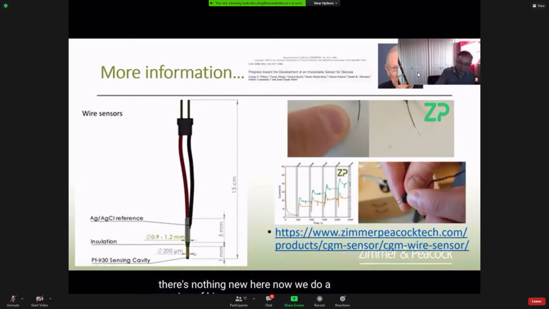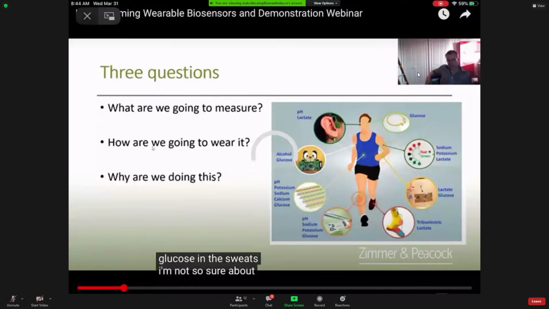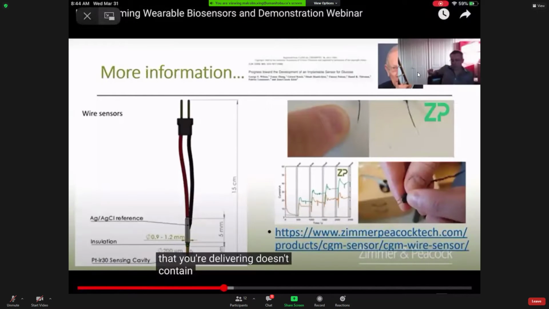Now we do a version of his sensor, so we have a sort of platinum wire. This one is pretty traditional, like for a pH meter right now. But the mechanism is pretty similar, with the advantage of the manufacturing and advances in materials technology. So this one is a silver or silver chloride reference electrode.